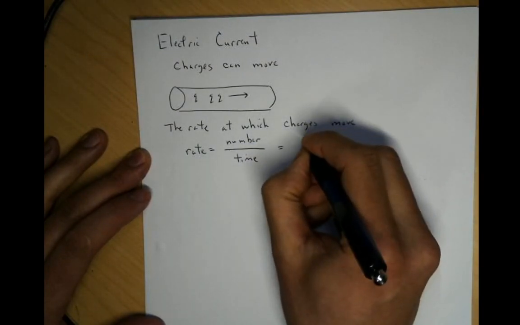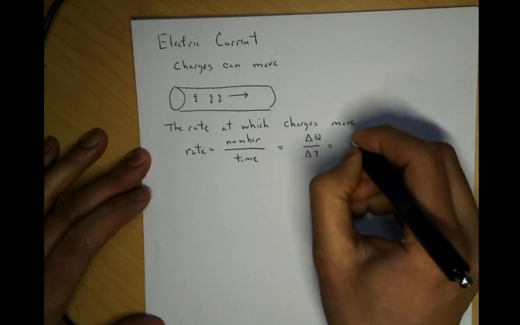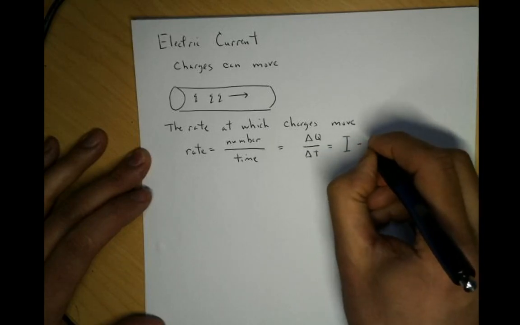This will just be the change in the number of charges over the change in time. This is defined as I, which is the current.